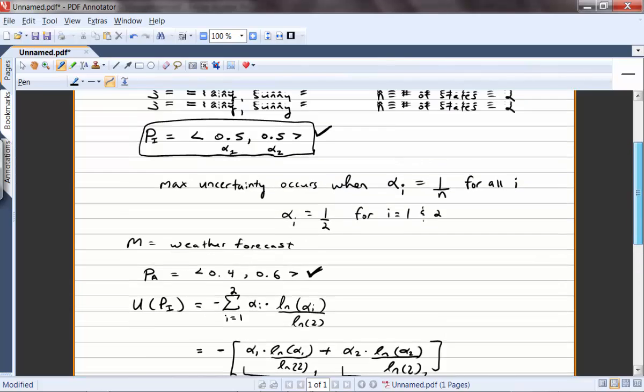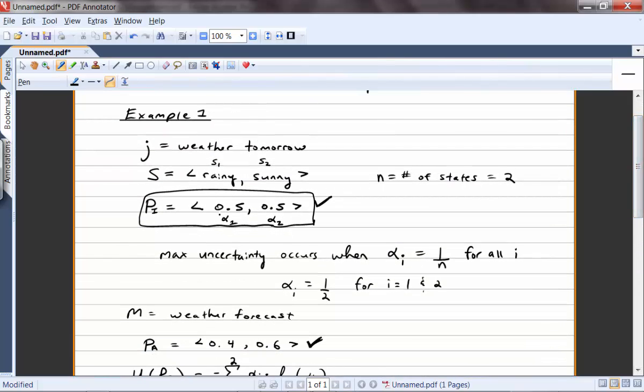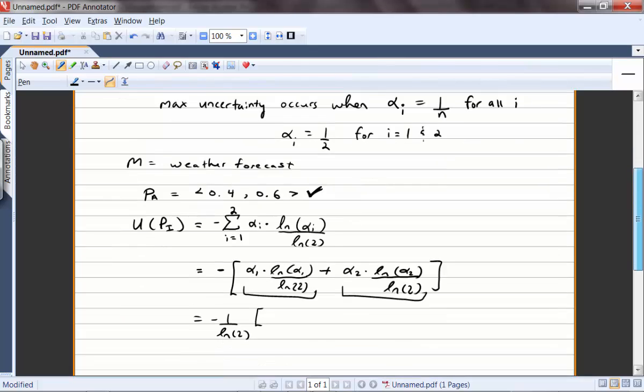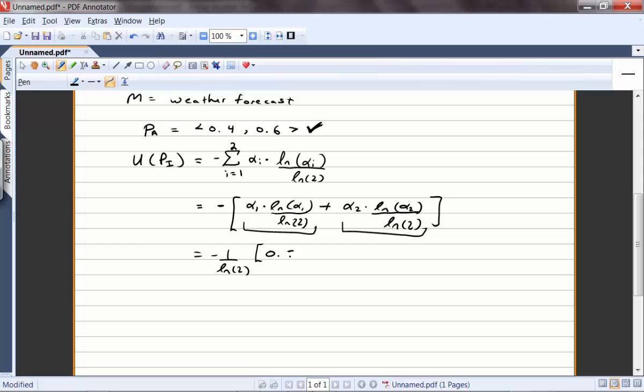Well, alpha sub 1 is the probability on the first state, the probability of it being rainy. The probability of state 1 is 0.5. The probability of state 2, alpha sub 2, is 0.5. So we're going to have 0.5 times natural logarithm 0.5 plus 0.5 times natural logarithm 0.5.